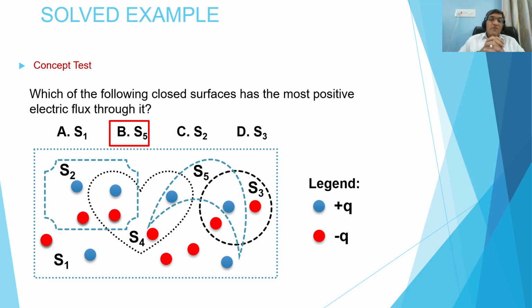As we know, S5 contains only two charges, both positive, and the total electric flux is equal to the total charge enclosed by the S5 surface. So the right answer is 2q upon epsilon naught. So the most positive flux is through the S5 surface.